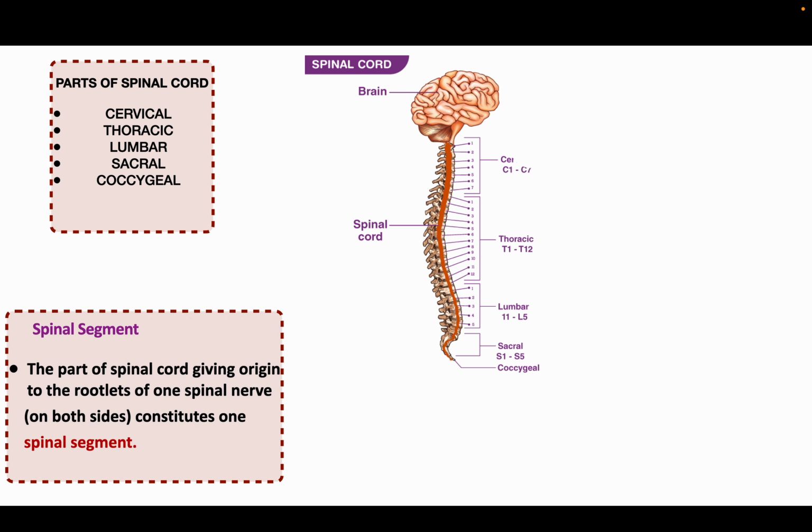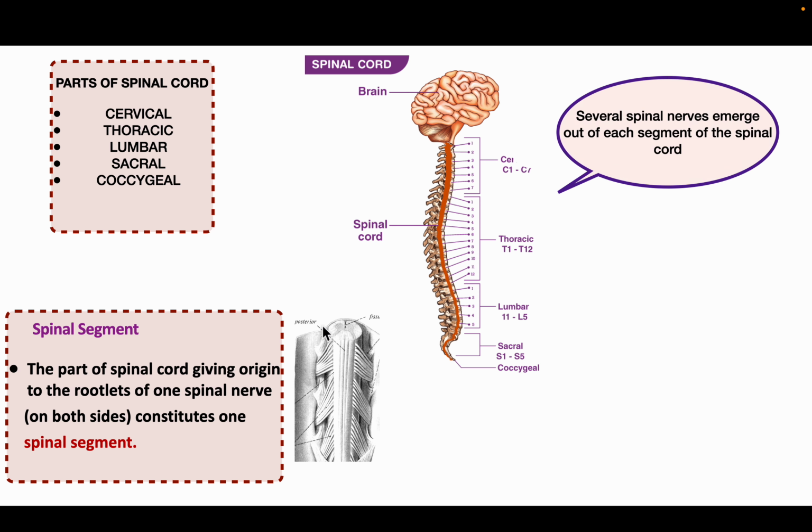Now what is this spinal segment? The part of the spinal cord giving origin to the rootlets of one spinal nerve on both sides constitutes one spinal segment. You can see here the different rootlets, they are arising from this, they are forming the one spinal nerve. So this segment of the spinal cord which is giving origin to the different rootlets forming one single spinal nerve is given the name one spinal segment.